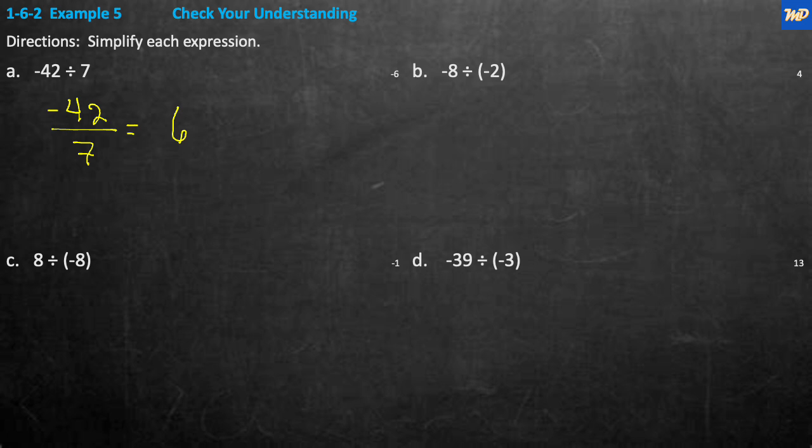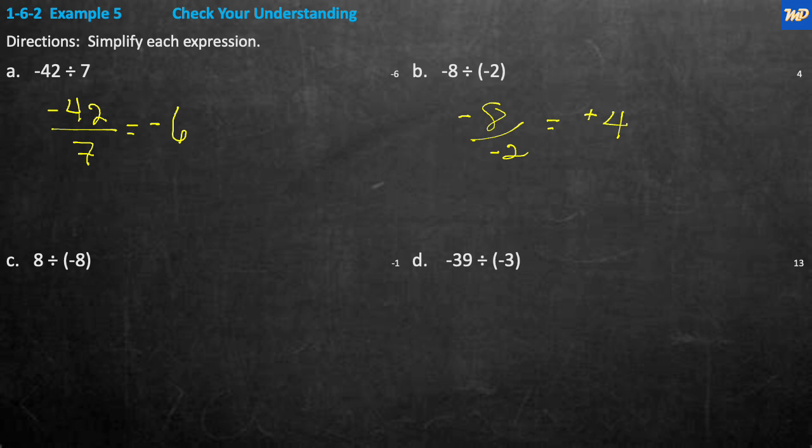So a negative and a positive gives you a negative 6. How about B? Negative 8 divided by negative 2. That equals 8 divided by 2 is 4. And we have two negative signs. A negative and a negative gives us a positive. So it's positive 4.